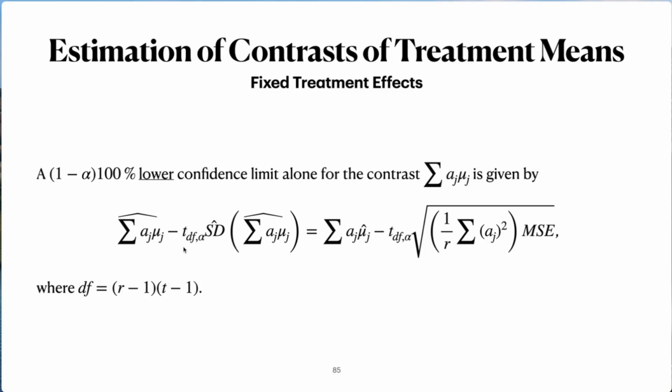The margin of error is the product of the interval coefficient and the estimated standard deviation of the point estimator.